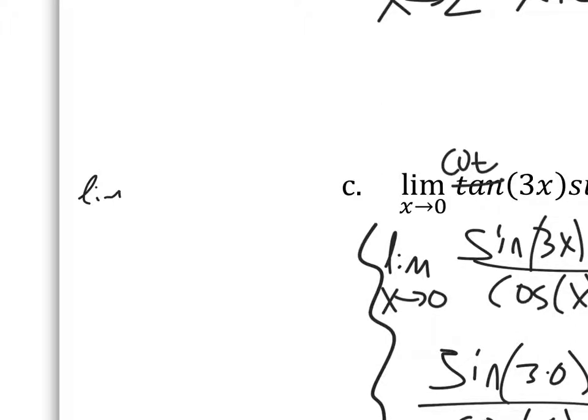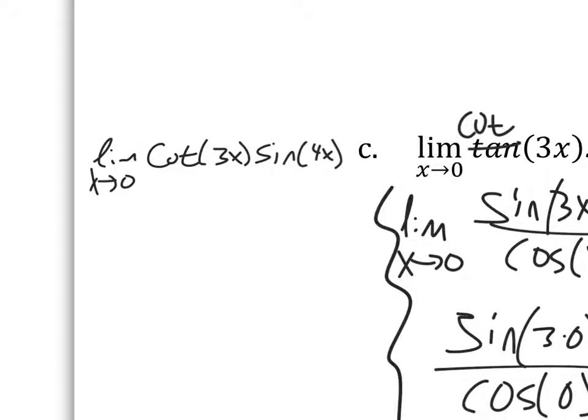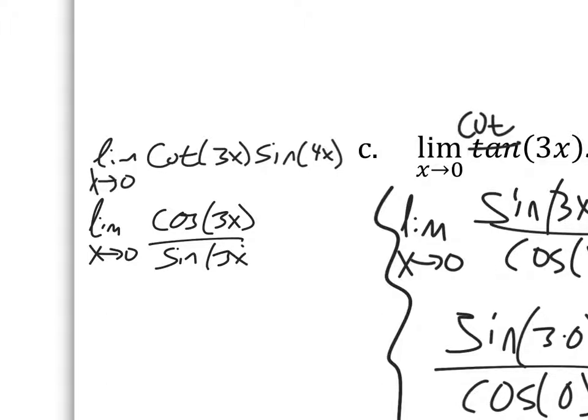The limit as x goes to 0 of cotangent of 3x times sine of 4x. And this situation becomes cosine of 3x over sine of 3x times sine of 4x.